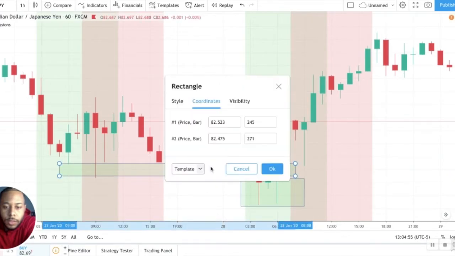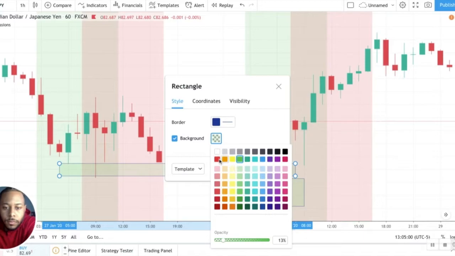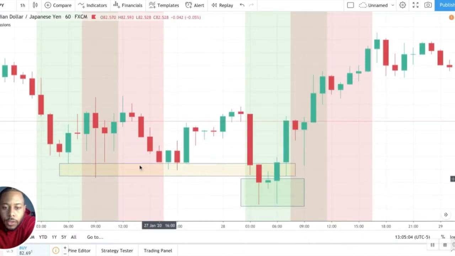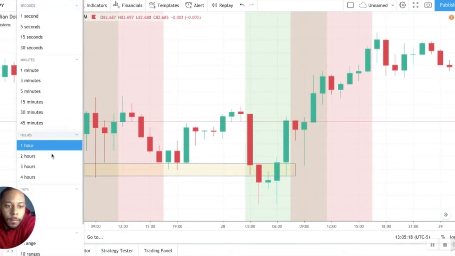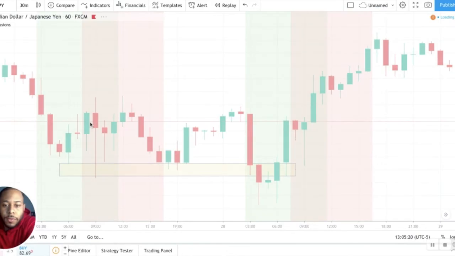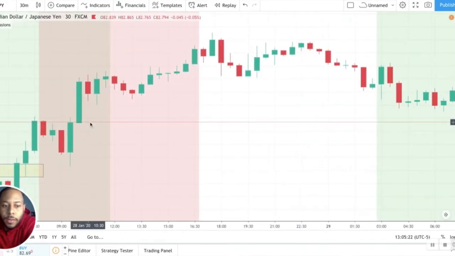I'll change the color here. So this was the area that needed to be taken out. Once it was taken out, I can start looking into this area here for that spring opportunity, right? So we're going to go ahead and dive into the smaller time frame, 30 minutes, and see the type of price action that we can find there.